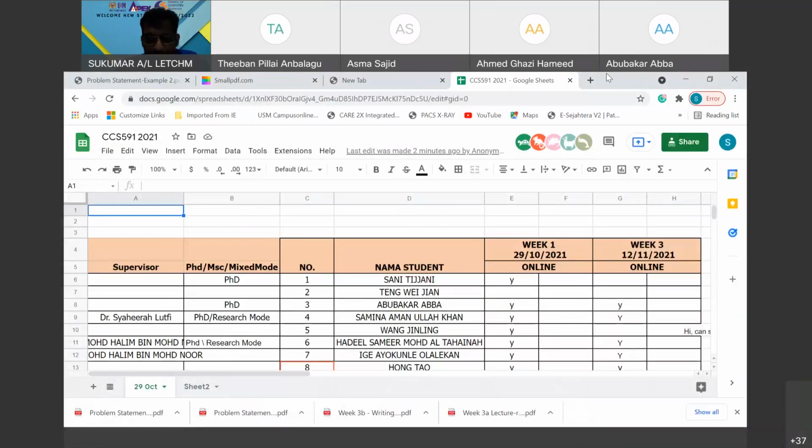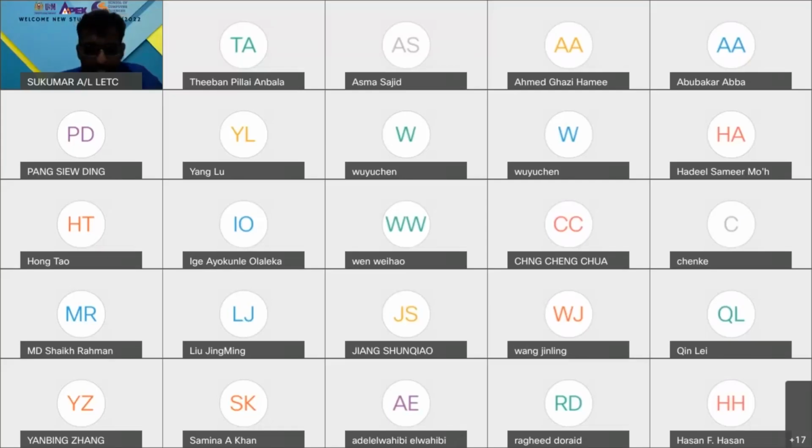Wait, let me stop sharing first. This is how the Padlet will look like, but please, don't copy the link yet. I don't know whether what I'm doing is right.